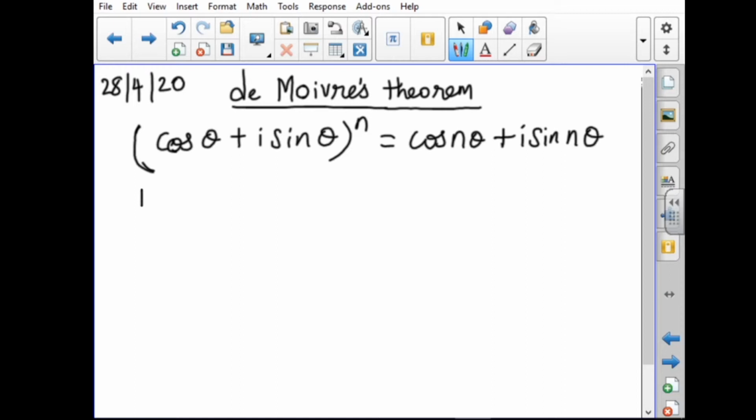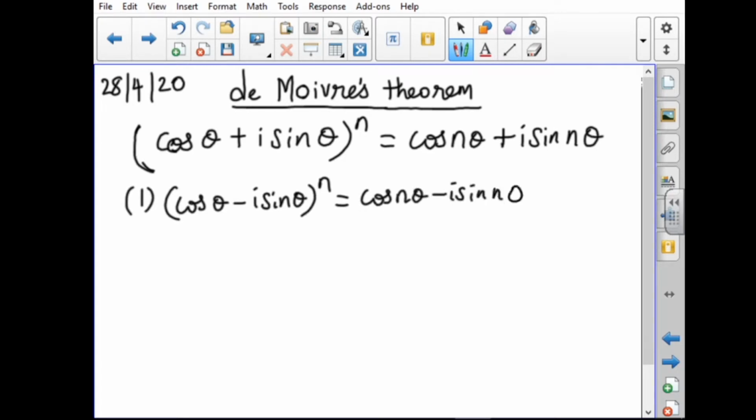The first property here is (cos theta minus i sin theta) whole power n is equal to cos n theta minus i sin n theta. So, when you are having minus inside, it is simply bringing the power inside.